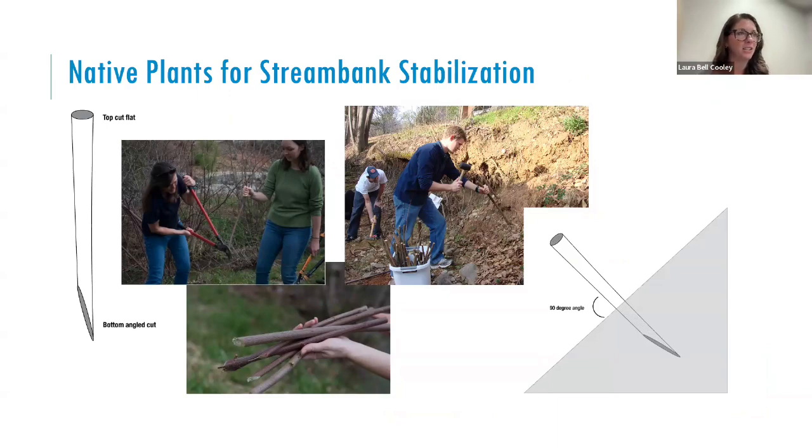But there's also a handy little trick you can use called live staking. In the dormant season in Alabama, probably from December through February, March, you can go out, find some of these native plants and cut them into stakes while they're dormant and actually put them back into the stream bank, especially if those roots are reaching some soggy areas or are able to get flooded with water occasionally.